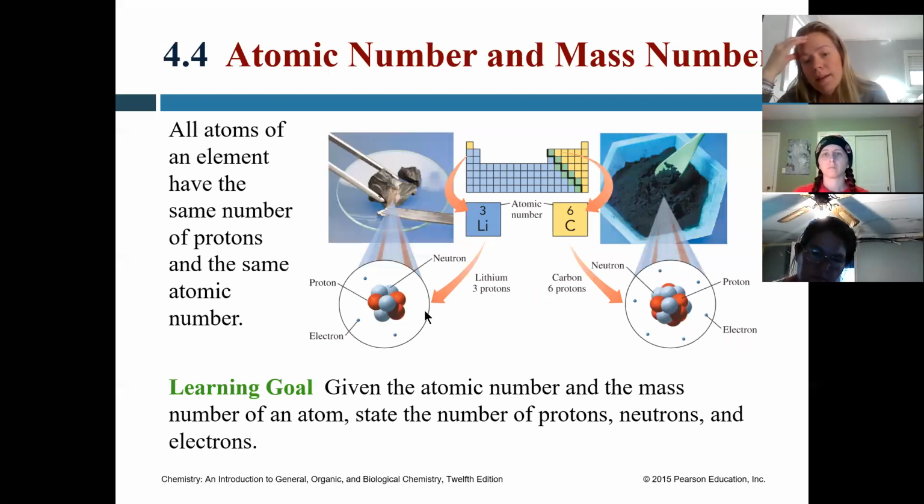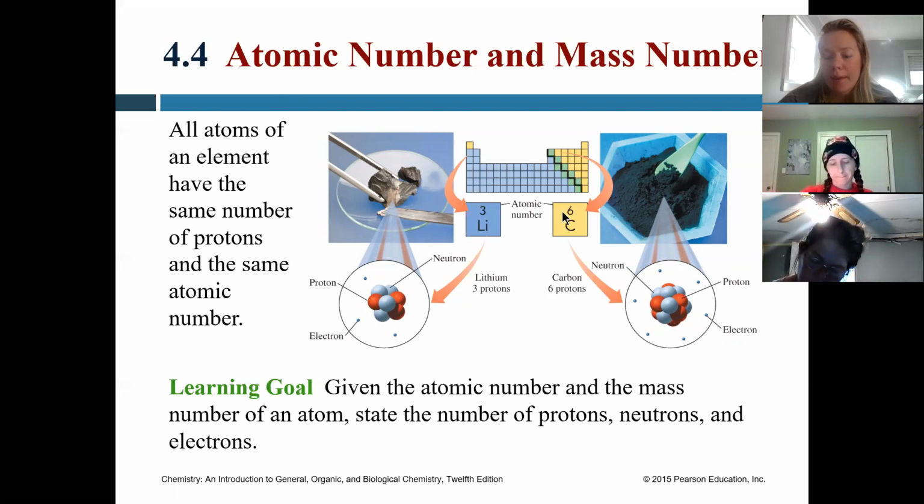When classifying an atom as a specific element, like why is carbon carbon and not oxygen, that all has to do with its atomic number. The atomic number is the big whole number at the top of the box, usually in the upper left-hand corner, just above the symbol. That atomic number tells you how many protons are in the nucleus.